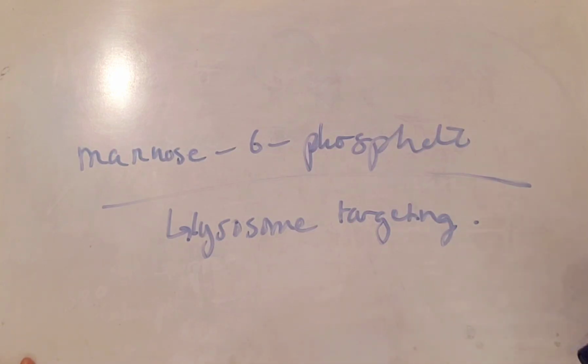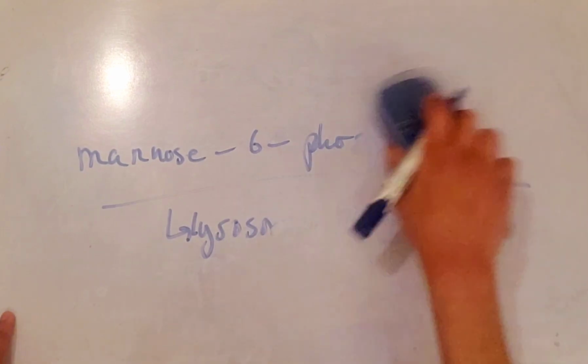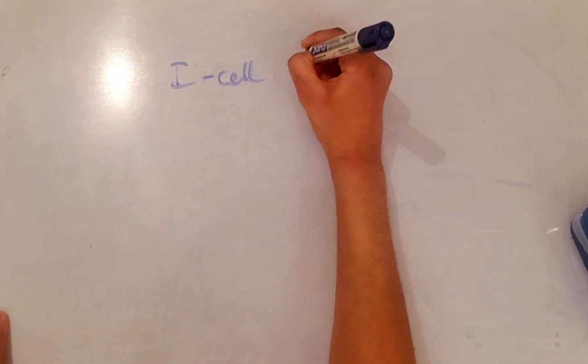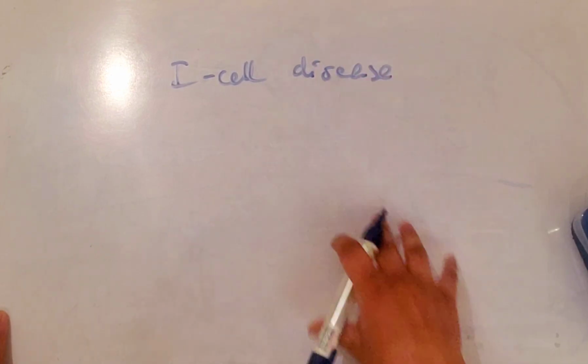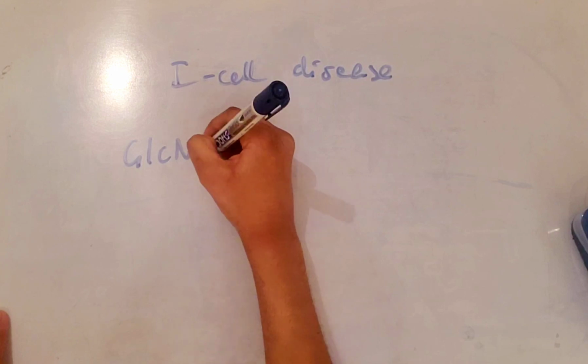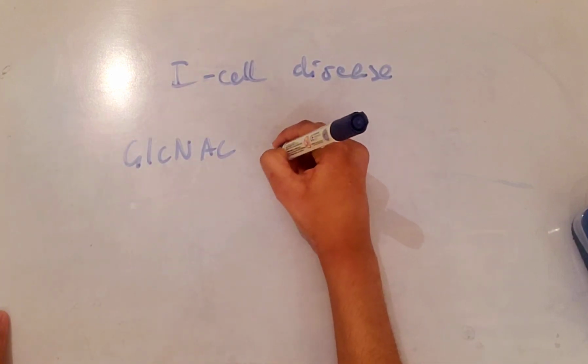The significance of this in medicine is one example of a disease. This is known as I-cell disease or inclusion cell disease, which is a mutation in the Golgi enzyme, which I still don't know how to pronounce, GlcNAc phosphotransferase.